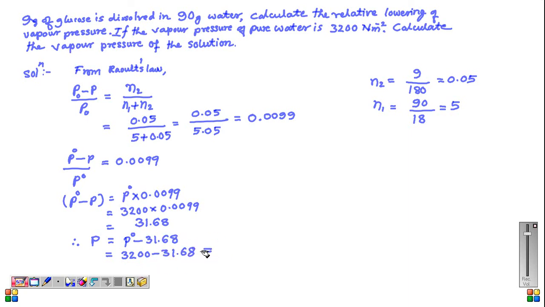This is equal to 3168.32. This is the vapor pressure. The vapor pressure is measured in Newton per meter square. This is also called Pascal. So this is what we want, the vapor pressure of the solution. This is how we have to solve the problem based on it.